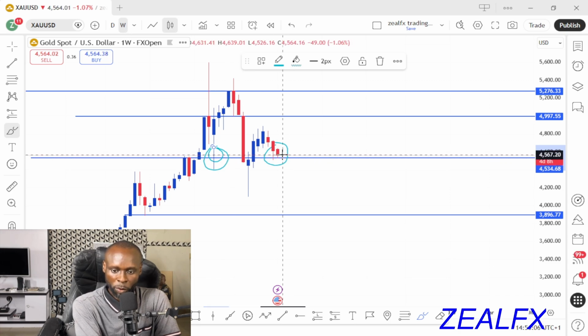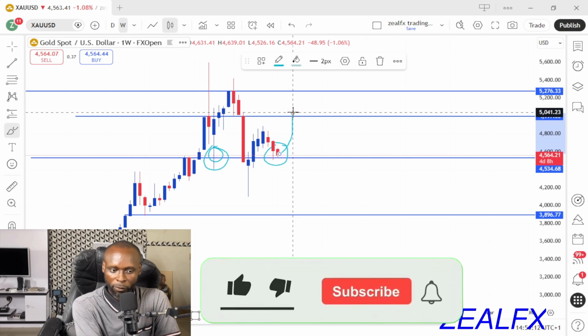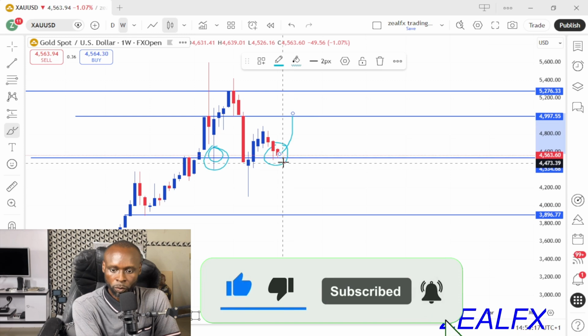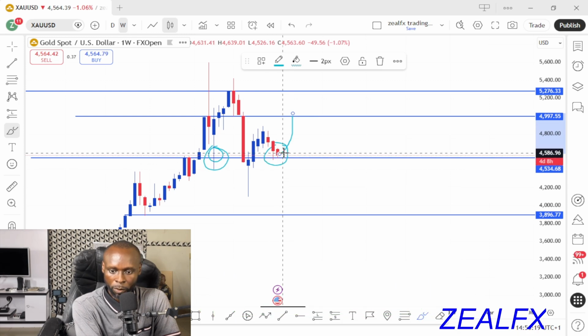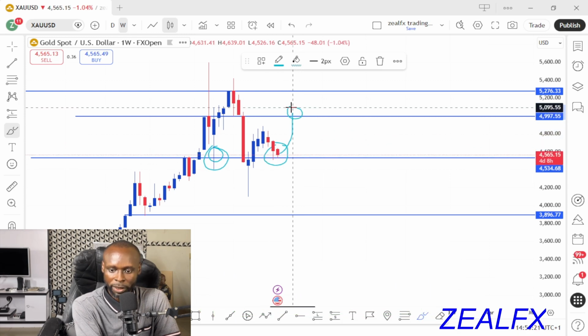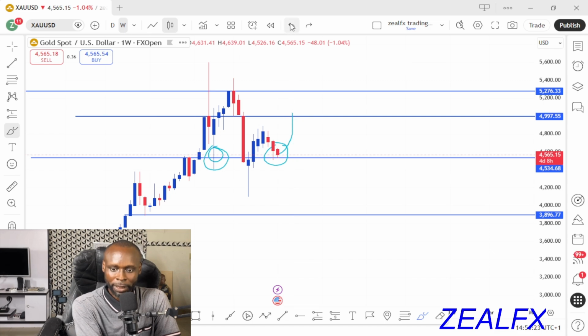It's advisable you buy from this support level using the lower time frame and a key level on the lower time frame, from which we are expecting price to react and push back to this resistance level, which is what we are expecting now on gold USD.